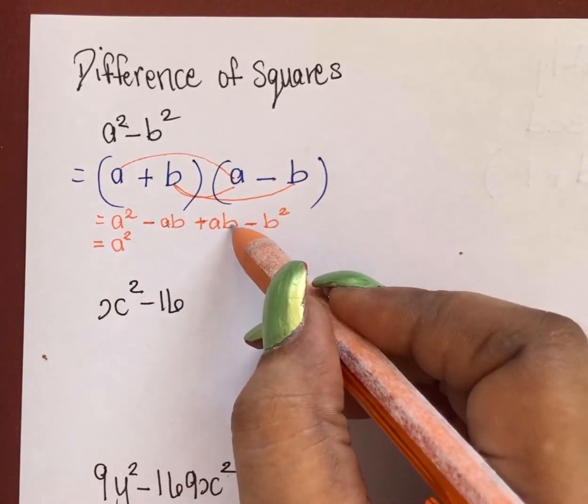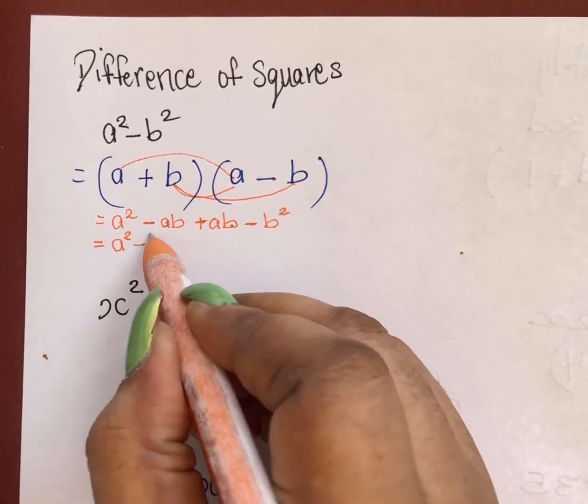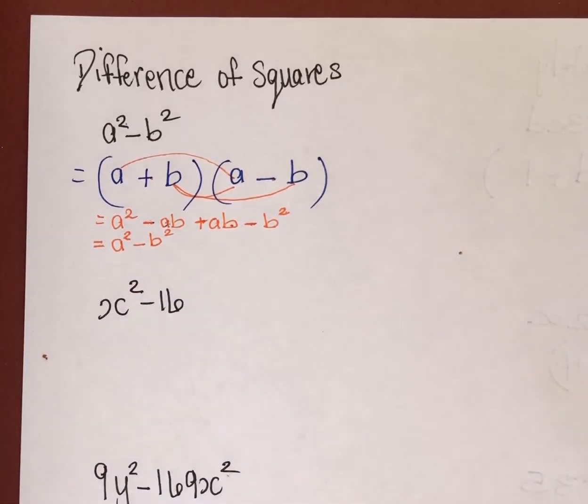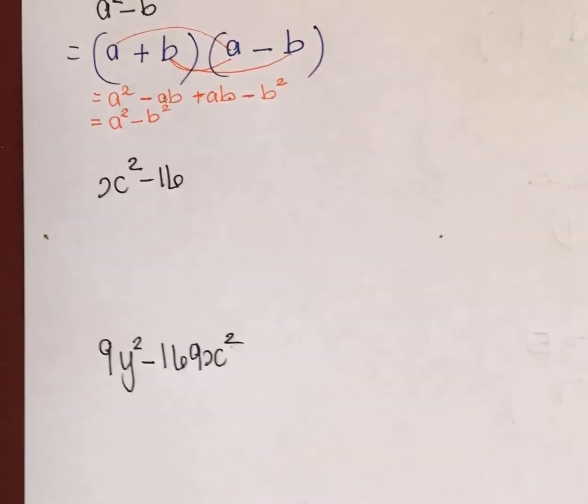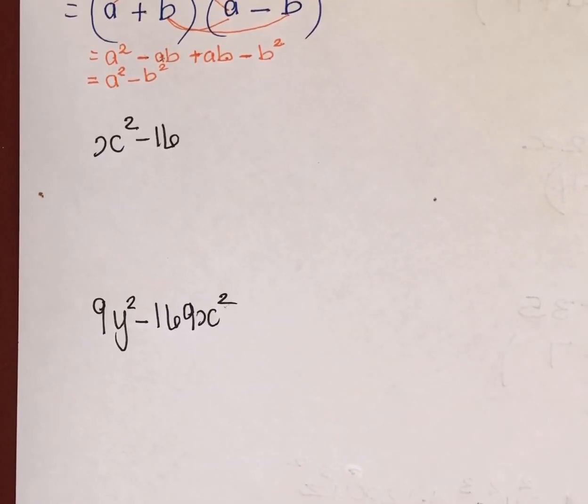So they will cancel themselves, and we will have the minus b squared remaining. Think you get it? So that's a check to show that we are correct. I'm not going to do the check for the remaining questions. I am just going to factorize them. All right? Good. So let's go.